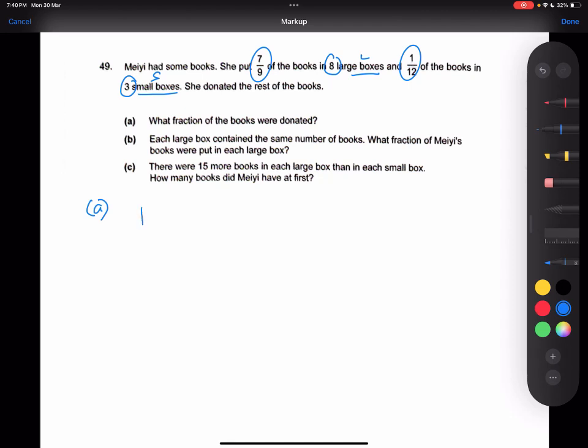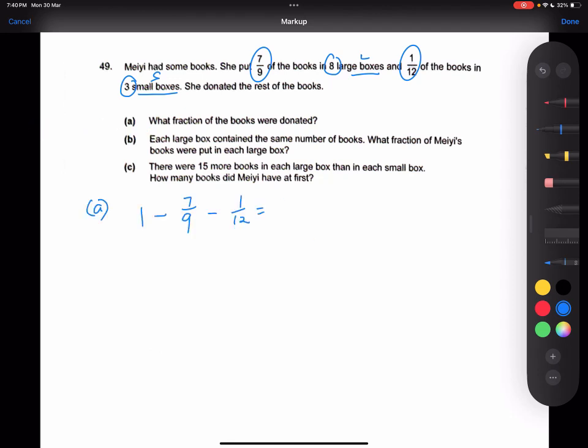Alright, she started off with 1 whole, minus away 7/9 of the books which she kept in large boxes, minus away 1/12 which she put in small boxes.